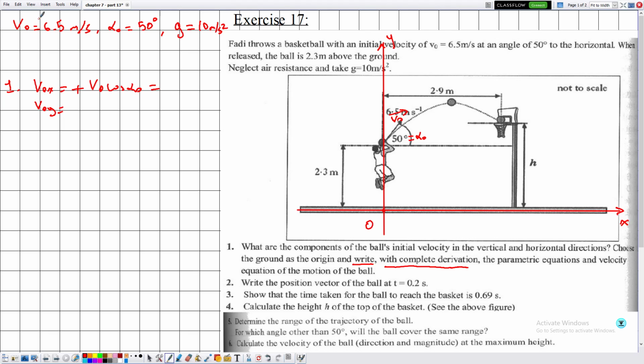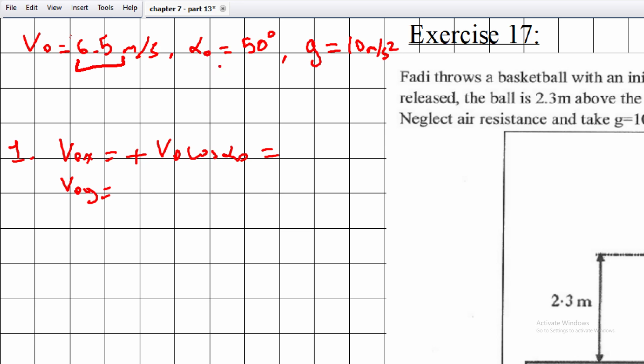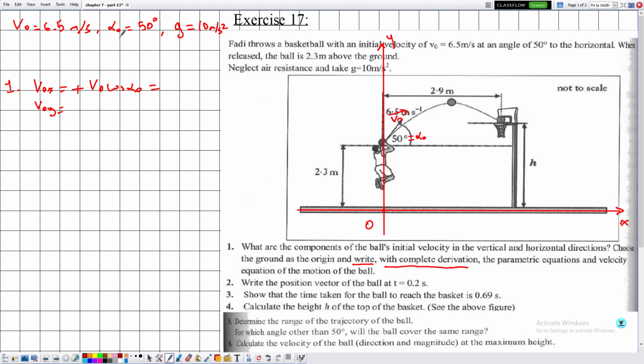If we plug in 6.5 multiplied by cosine 50 on the calculator, this is equal to 4.18, and the SI unit of speed is meters per second.